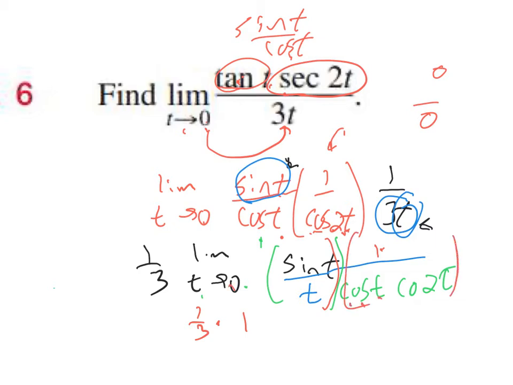Cosine of 0 is 1, and cosine of 2t is 1. So 1 over 1. Final answer is 1/3. And I was using that identity we just had, the sine of t over t. I made it happen. It was magic.